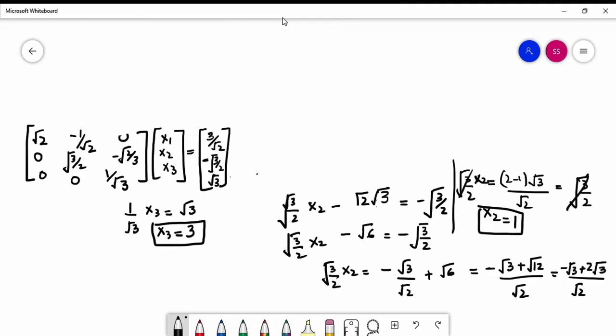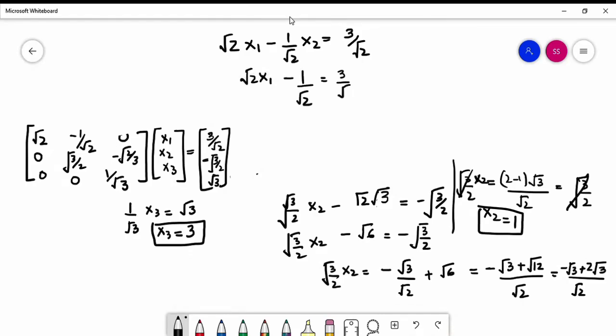Okay, x2 and x1. Now apply these values of x2 and x3 in the first equation. √2 x1 minus 1/√2 x2 plus 0 equals 3/√2.